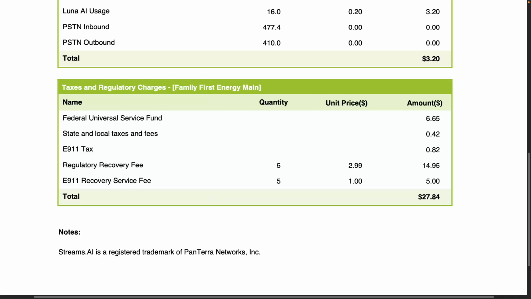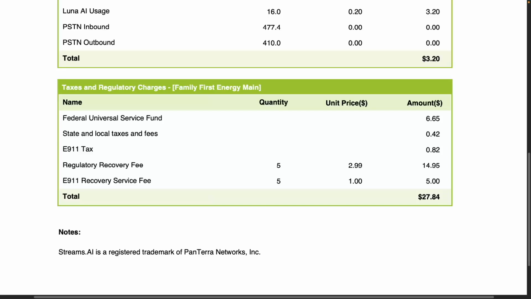You'll also see additional service related fees such as regulatory recovery fee, 5 at 2.99, totaling 14.95, and E911 recovery service fee, 5 at $1, totaling $5.